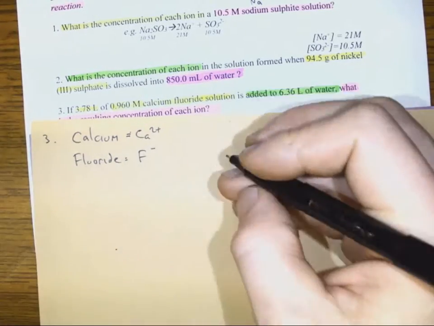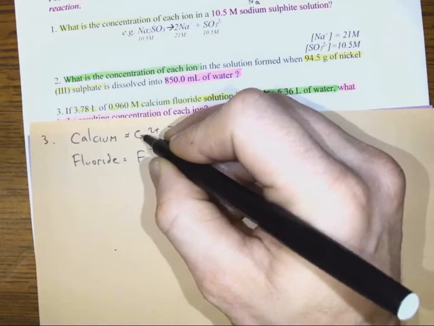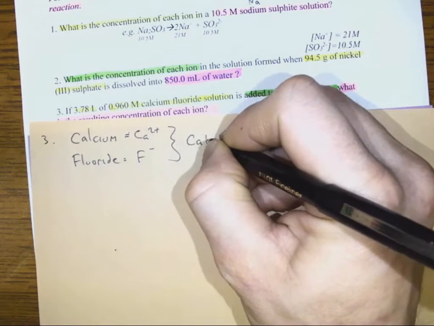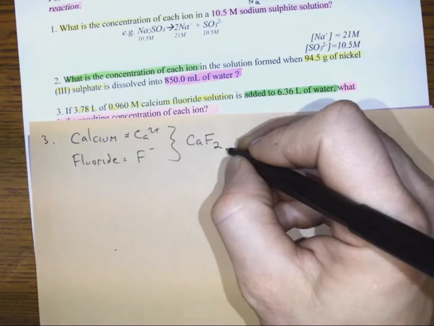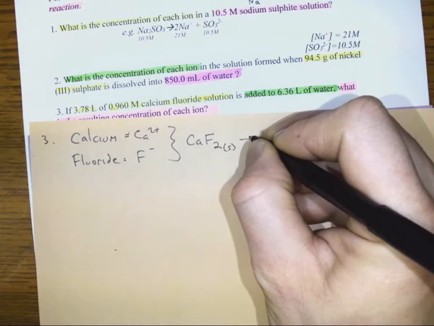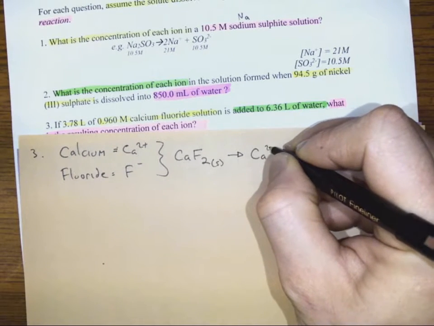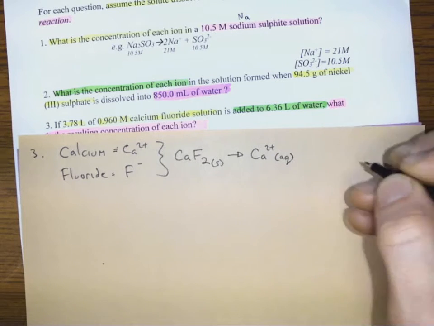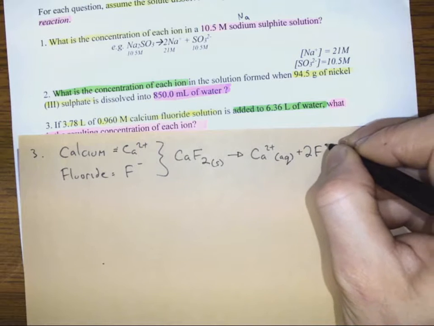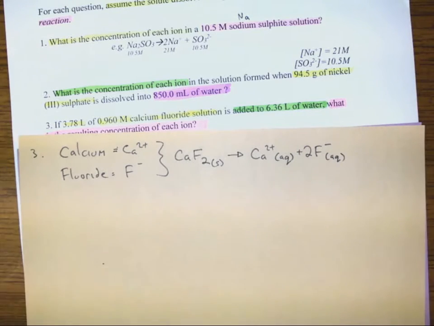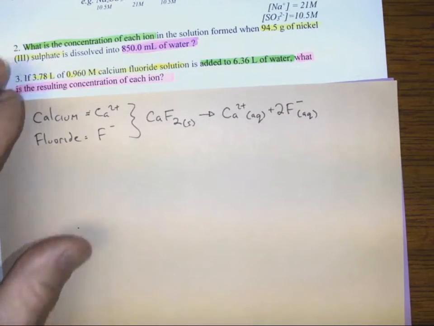So that tells me that for calcium fluoride, I need 2 fluorides to make 1 calcium, and so I get CaF2. And that's a solid, and that would dissociate into 1 calcium ion, in aqueous form, and 2 fluorides. Okay, so that's getting us started here.